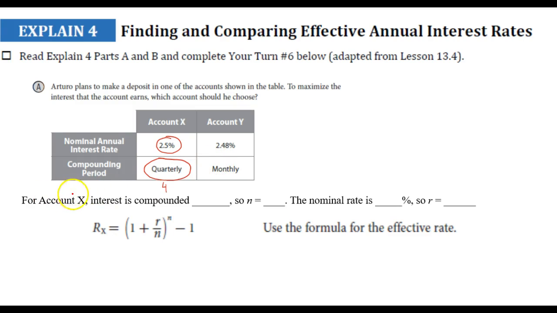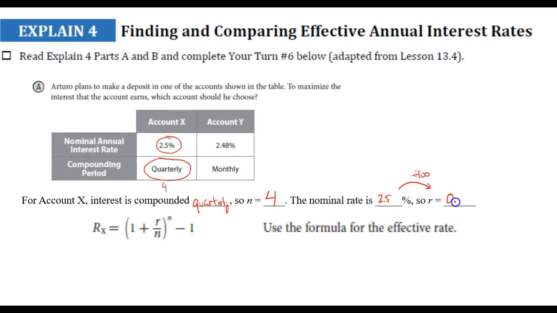So let's first calculate the interest for account X. The interest is compounded quarterly, so that means it happens 4 times a year. The rate is 2.5, or as a decimal, divide by 100. Go ahead and work that out.